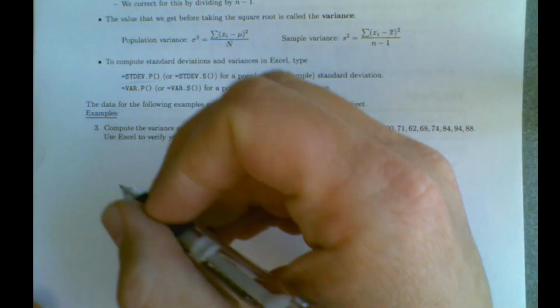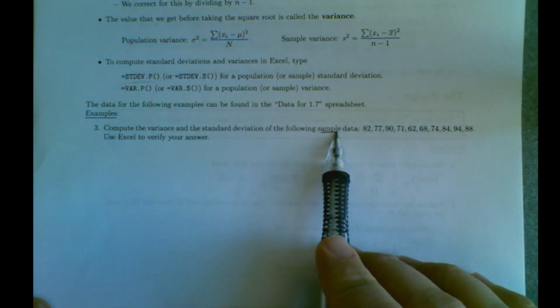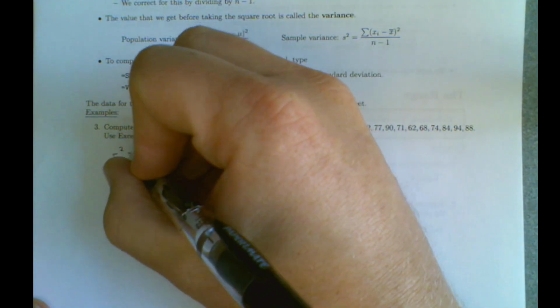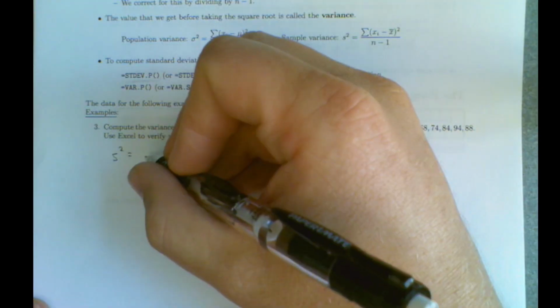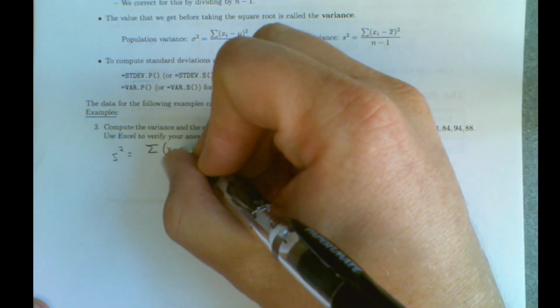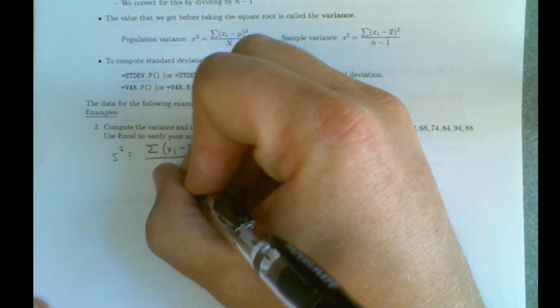Let's remind ourselves of the formula for the variance. We're told that this is sample data, by the way, so we're going to compute the sample standard deviation. The formula for the sample variance, s squared, is the sum of our observations minus our sample mean, squared, divided by n minus 1.